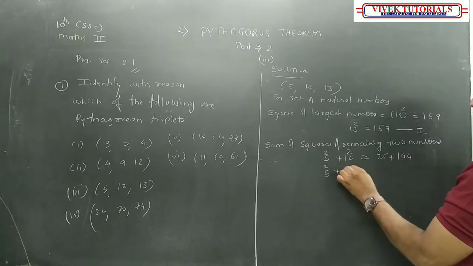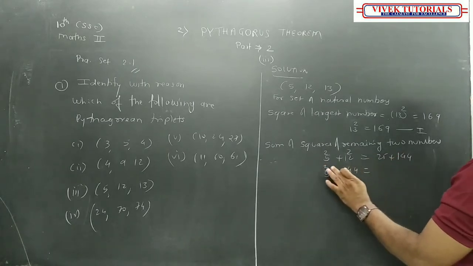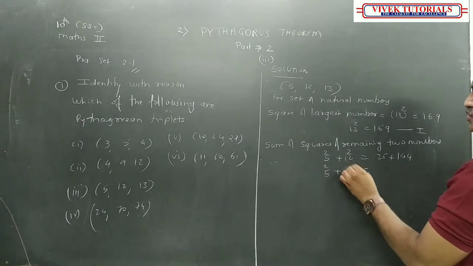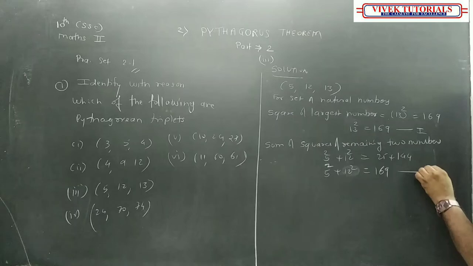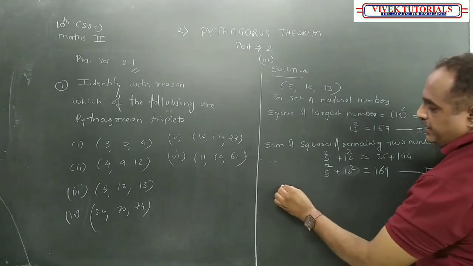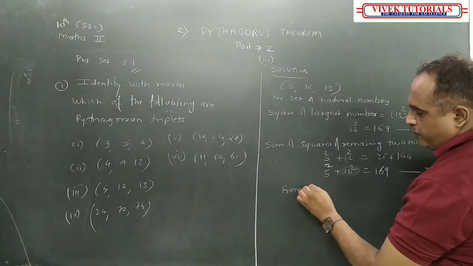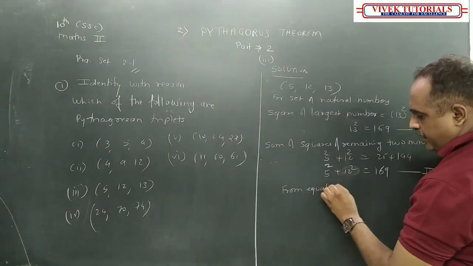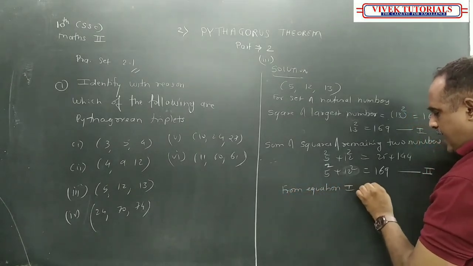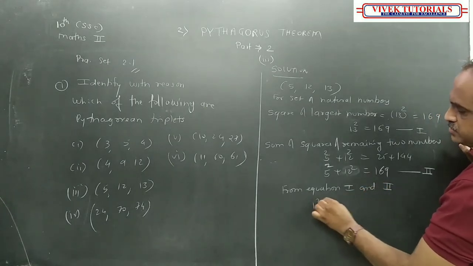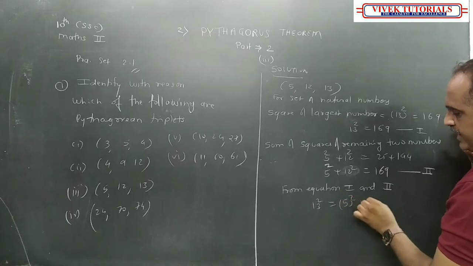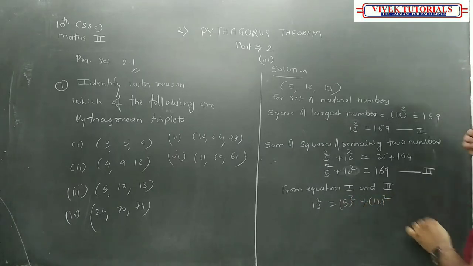So 5 square plus 12 square is equal to 169, equation 2. So from equation 1 and 2, what I can write is 13 square is equal to 5 square plus 12 square.